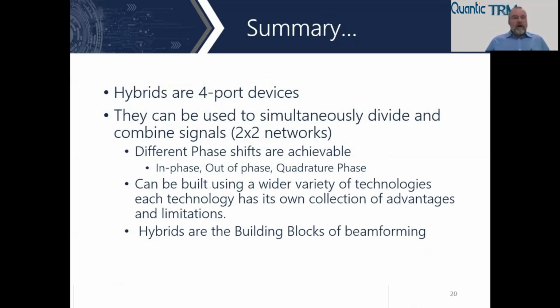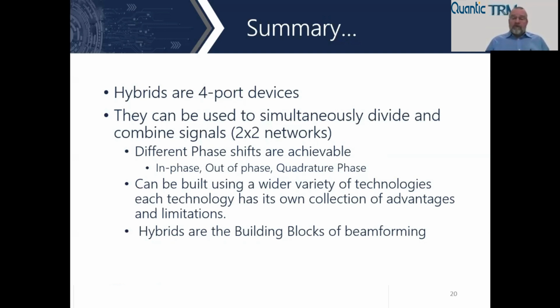Great. So hybrids are 4-port devices, which means there are 2 inputs and 2 outputs that can be used simultaneously to divide or combine signals. Depending on the exact configuration of these networks, we can design them to be in phase, out of phase, or quadrature phase, which is the 90-degree phase shift.